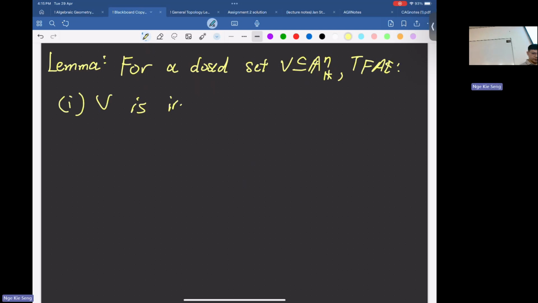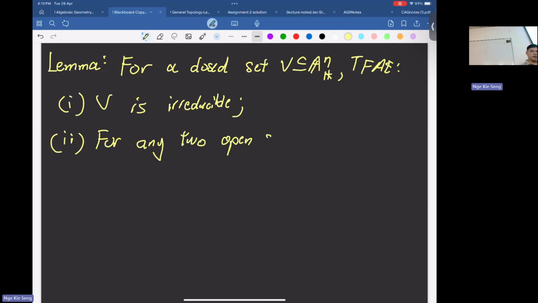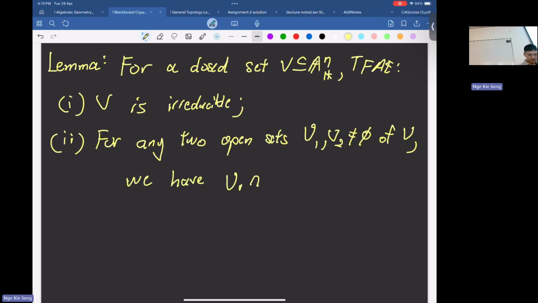V is irreducible, and if you take any two non-empty open sets U1, U2 of V, then their intersection is non-empty.